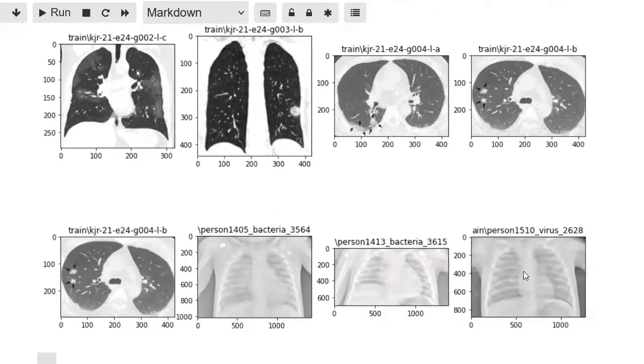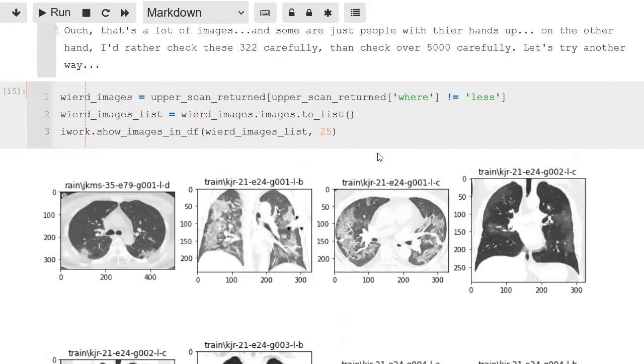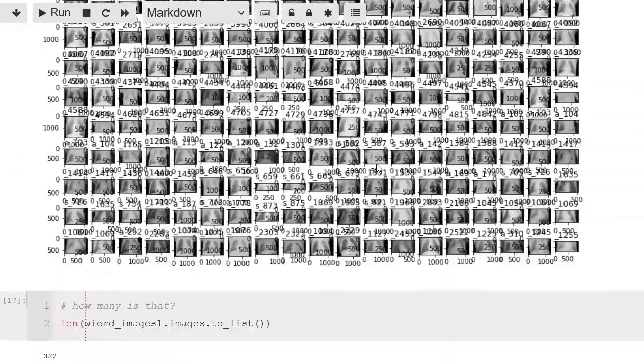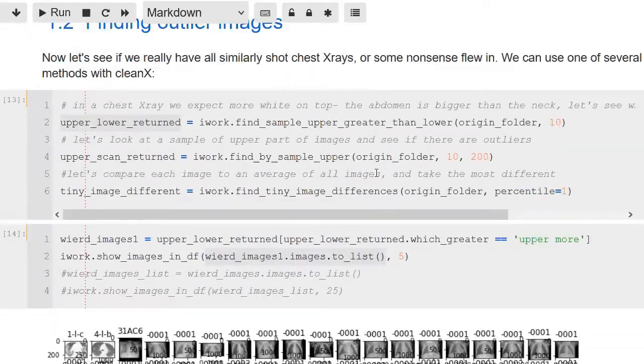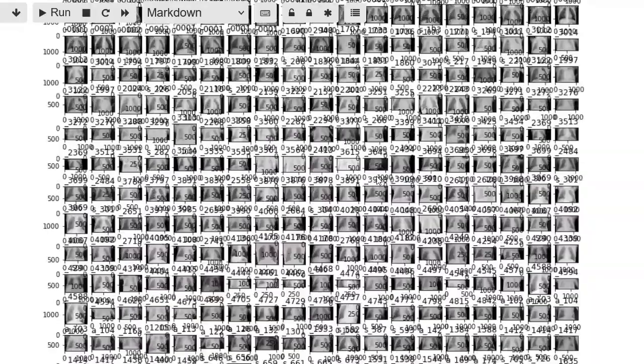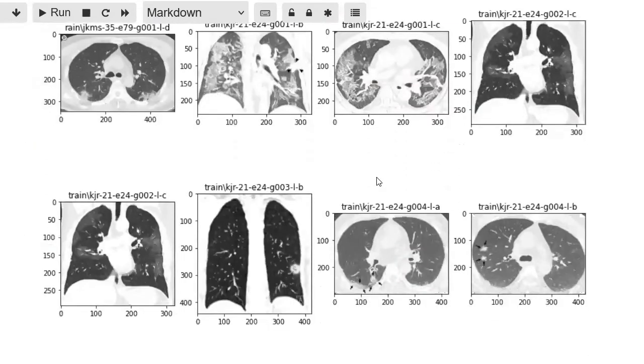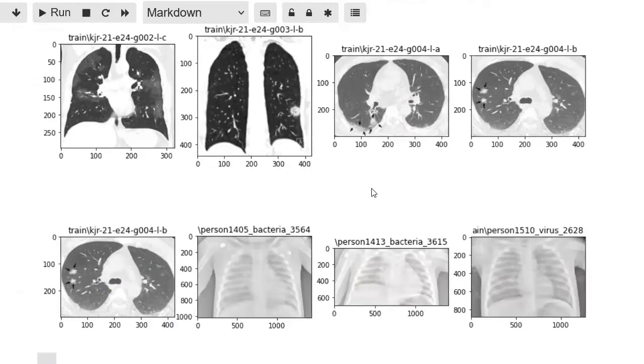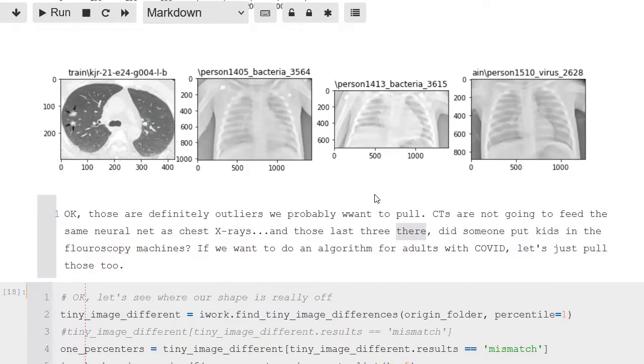And it also pulls up some pediatric images that are maybe fluoroscopy, because they're not in the same range of pixel data values. We'll have to look at them more closely, but probably none of these images belong in our final data set, which we want to be a quality data set of just adult COVID-19 X-rays, unless, of course, we're making a pediatric data set.